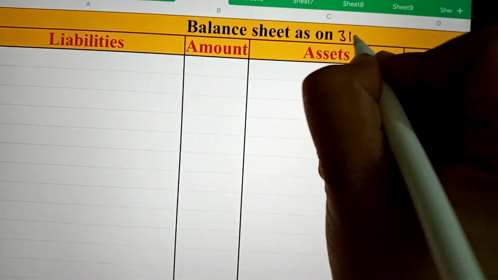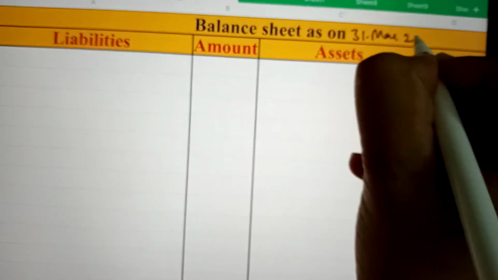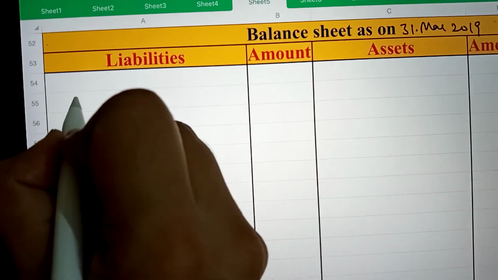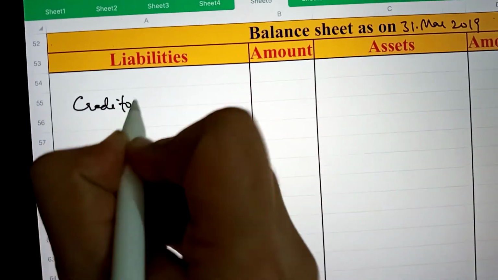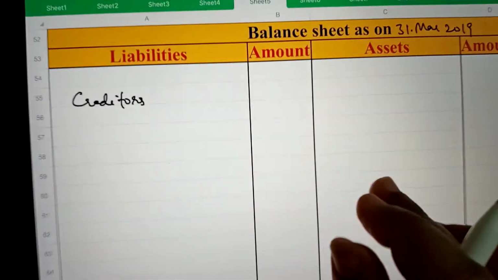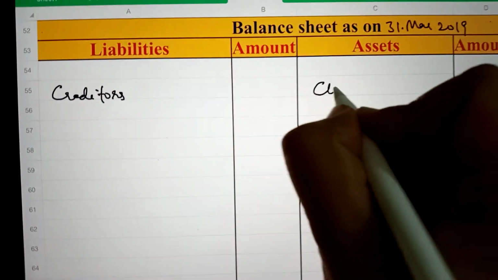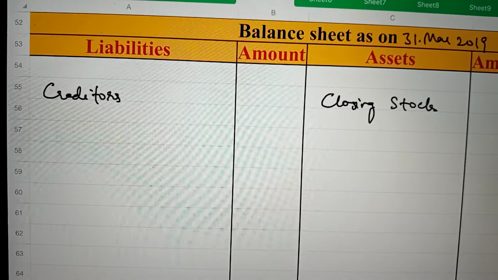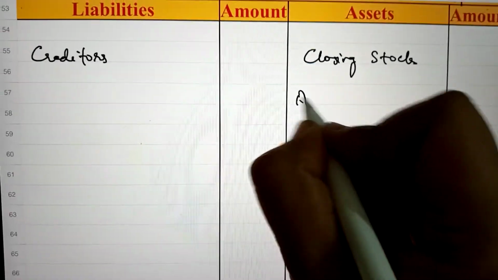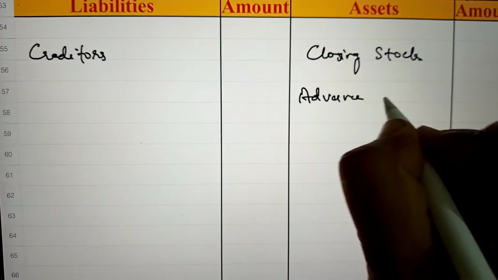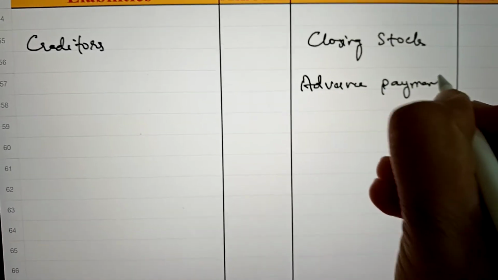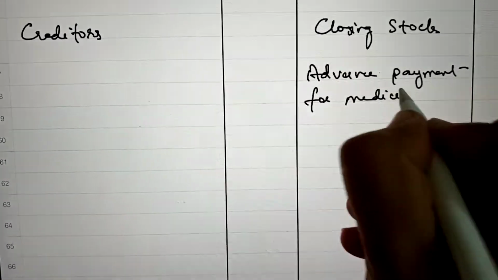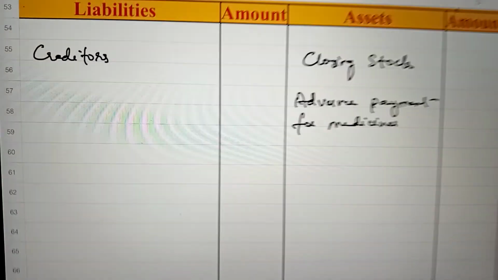As on 31st March 2019, closing creditors we will write on the liability side, creditors, and on the asset side closing stock will be written, and advance payment for medicines will be written here.